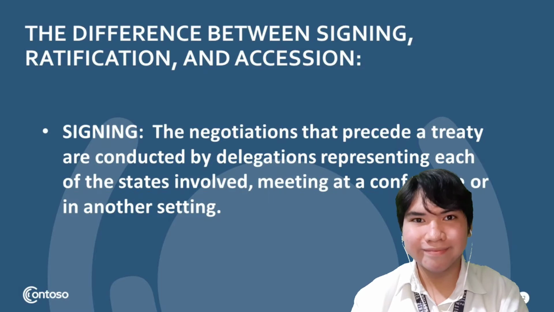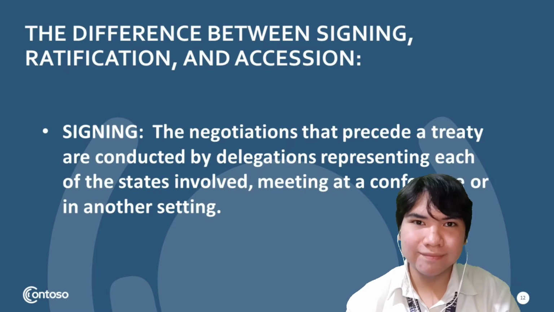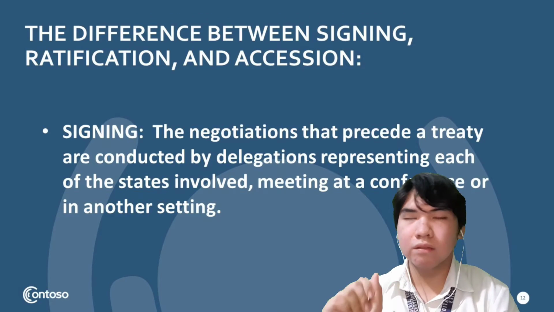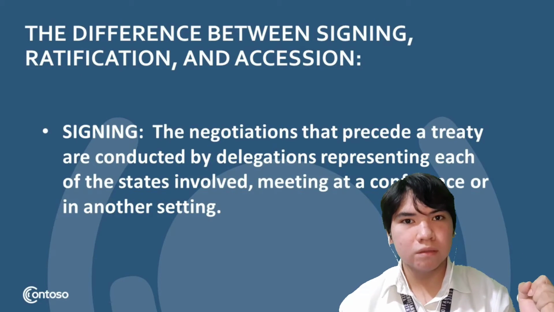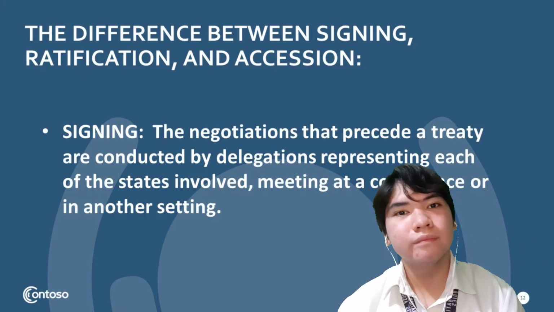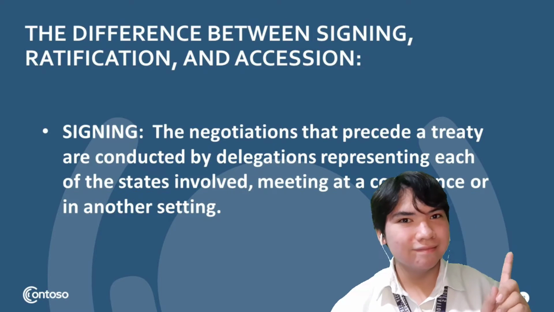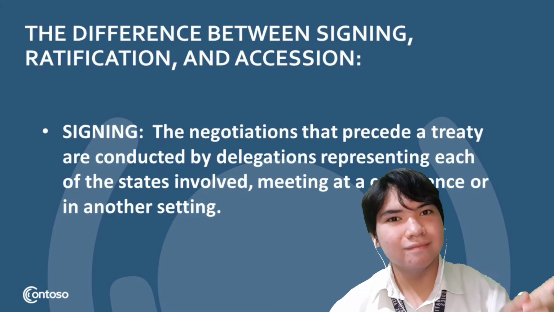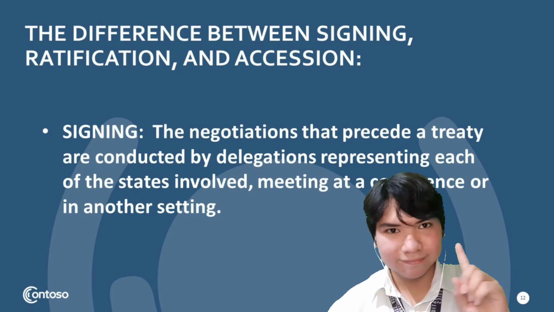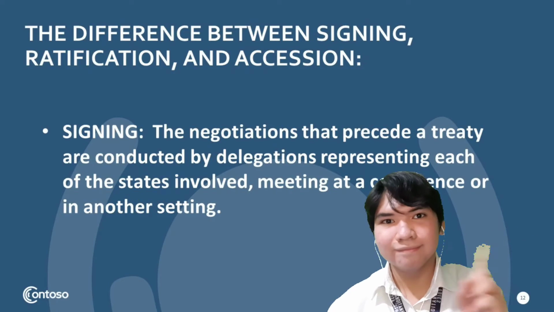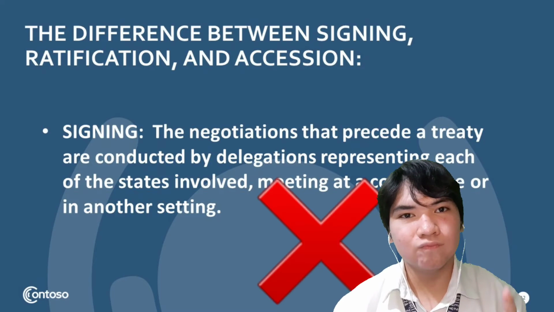Together, they agree on the terms that will bind the signatory states. Once they reach agreement, the treaty will be signed, usually by the relevant ministers. By signing a treaty, a state expresses the intention to comply with the treaty. However, this expression of intent is not binding.